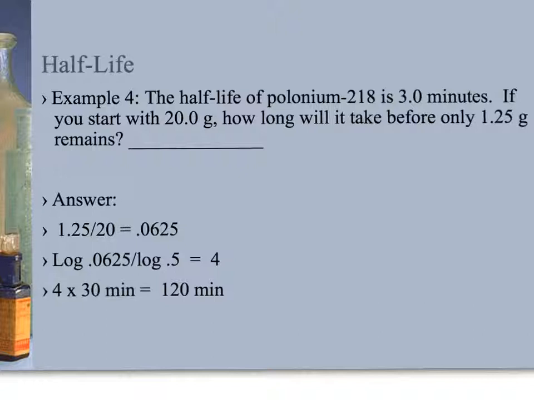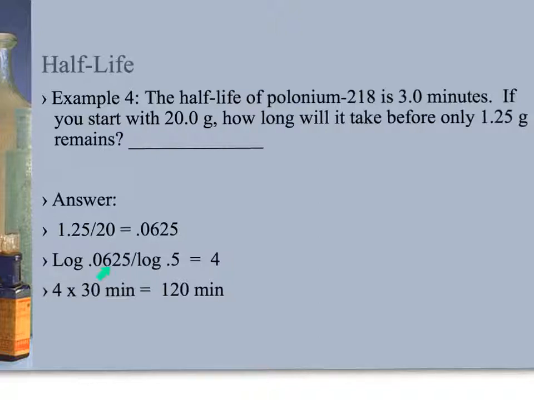Now this is a different type of half-life problem. The half-life of polonium is 3 minutes. If you start with 20 grams, how long will it take before 1.25 grams remain? The first thing we need to do is take our 1.25 grams, divide it by 20 grams, and we get 0.0625.